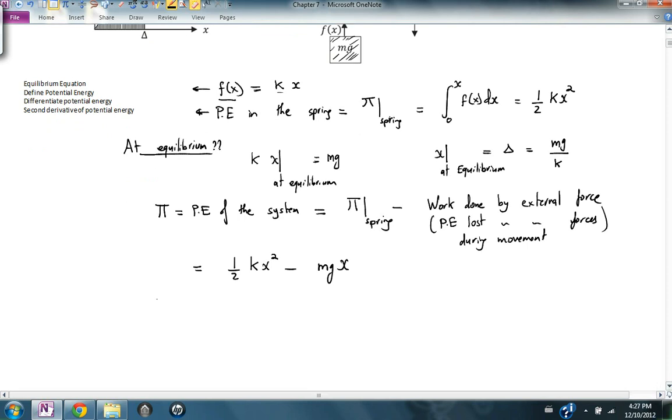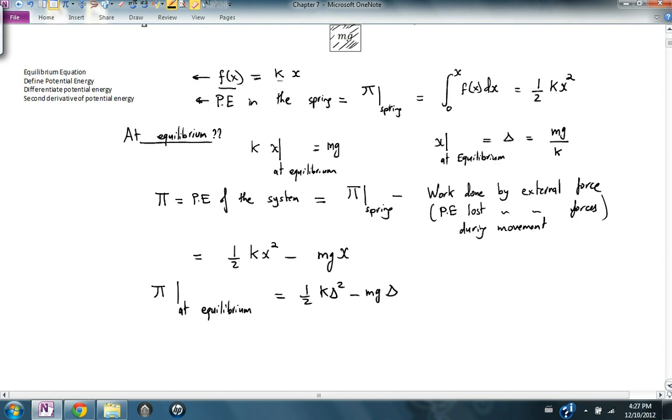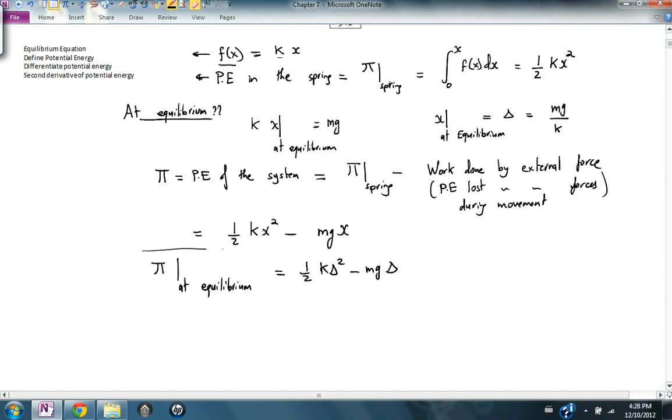Now, at equilibrium, this is equal to half k delta squared minus mg delta. Now we want to show how this potential energy of the system at equilibrium compares to any other position.